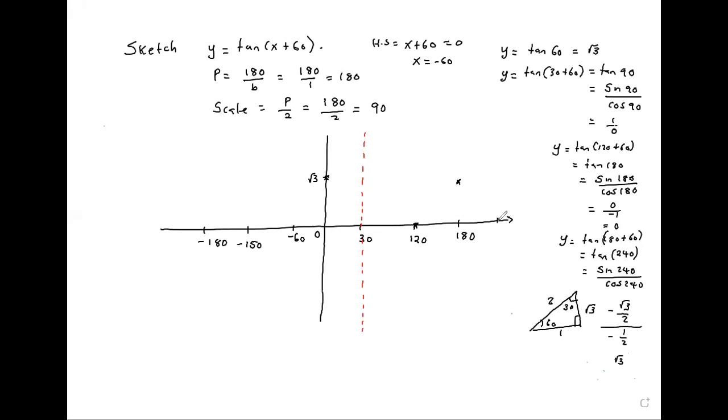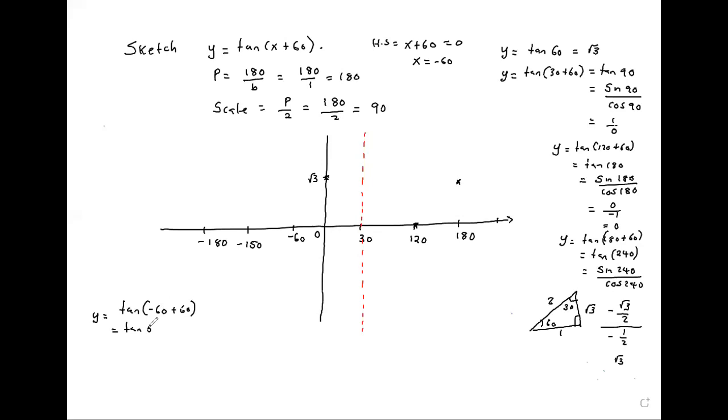So now we come to the left and look for y. What happens at -60? We have tan(-60 plus 60), giving us tan 0.